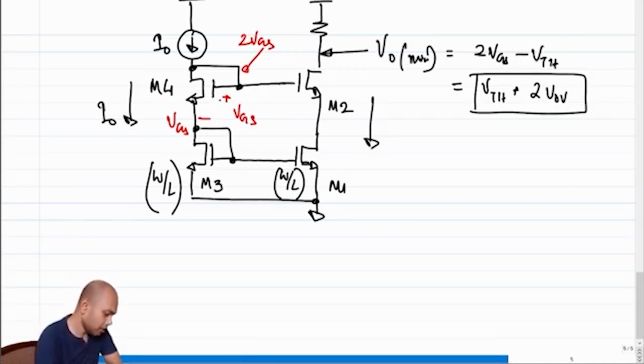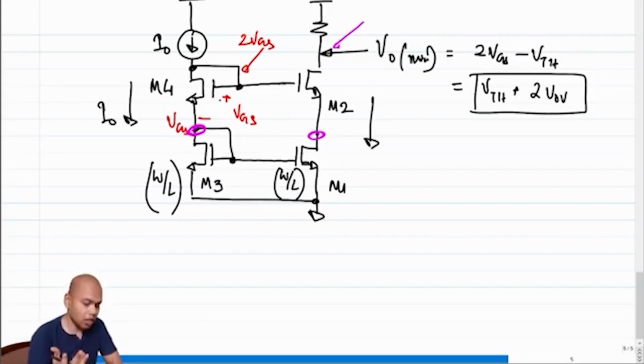So essentially, when this voltage and this voltage are identical, then the currents in both the branches will also be identical. However, the drain voltage of M1 is also affected, to some extent, by the drain voltage of M2, right?